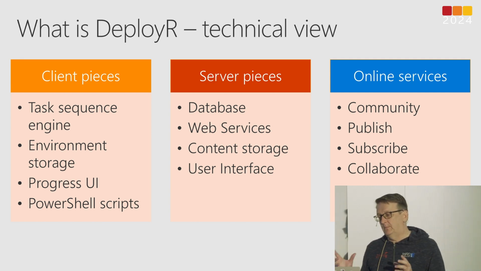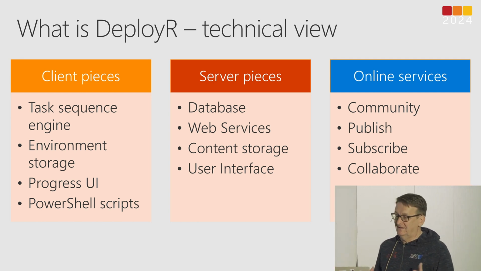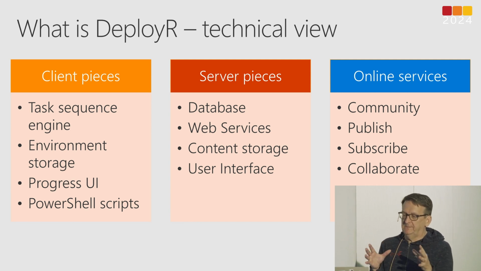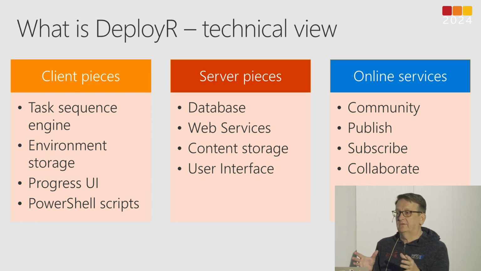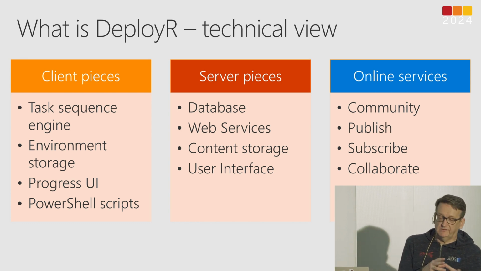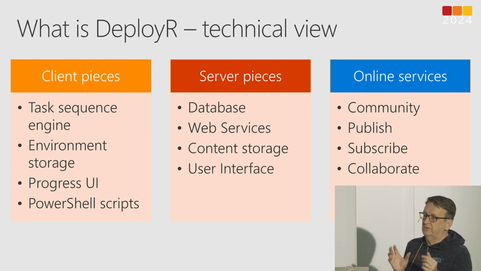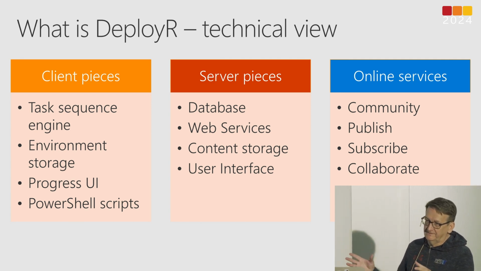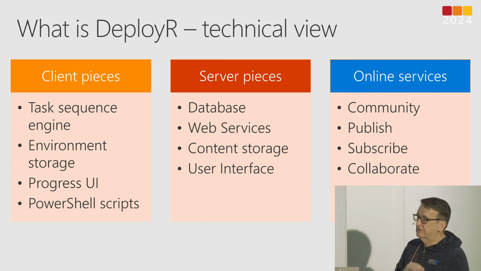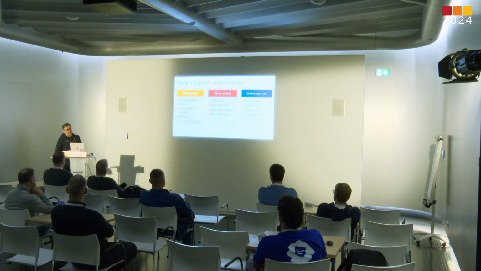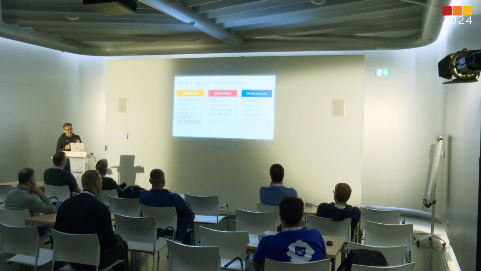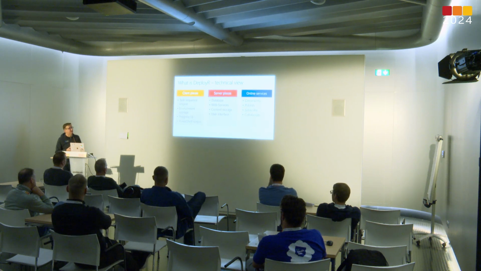So it will be partly PowerShell driven, and one of the ideas that we have is that we want to create a community space where people can contribute their own scripts as well. So if you've got a cool task sequence or something that no one else has done, you'll be able to contribute it, and the rest of the community will have access to that. And you could subscribe to that. We want to make it collaborative. So that's kind of the online services side of things.